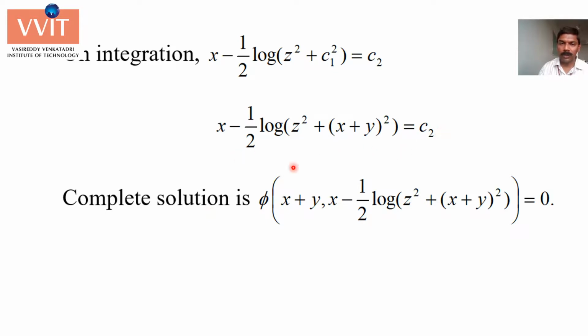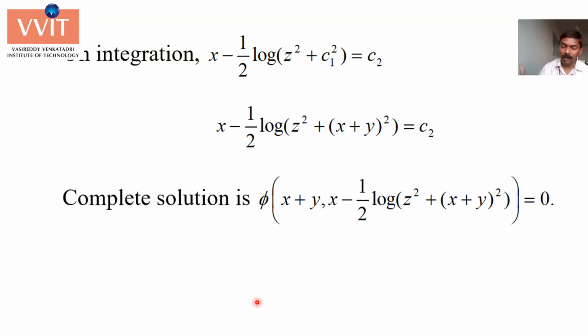So the final step is phi of first part comma second part equal to 0. So see the sequence now. 3 possibilities in first problem, 2 possibilities in second problem, now 1 possibility. Now in this problem, using the first part, we got the second part.